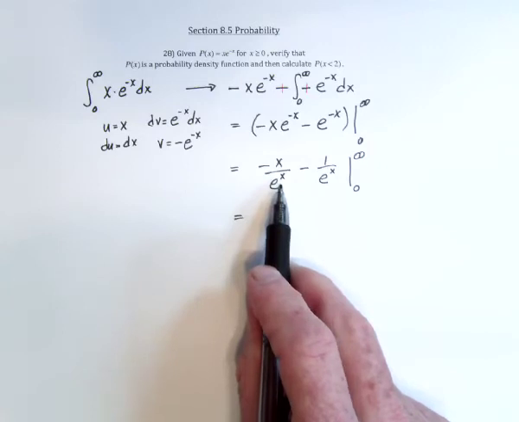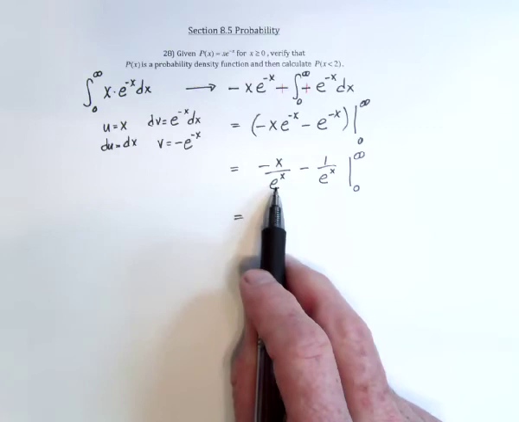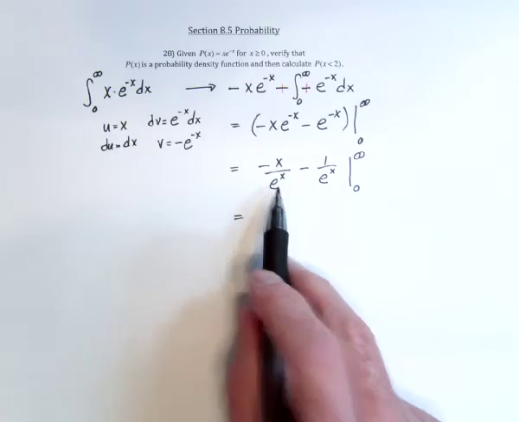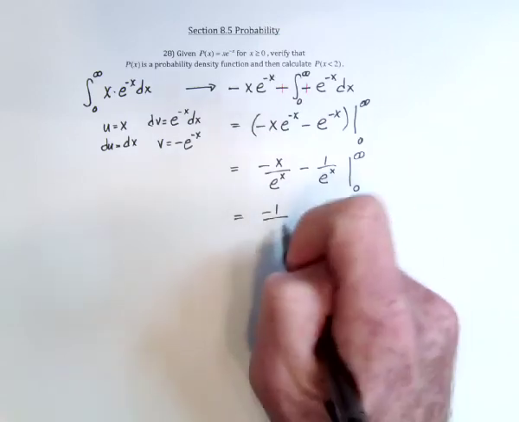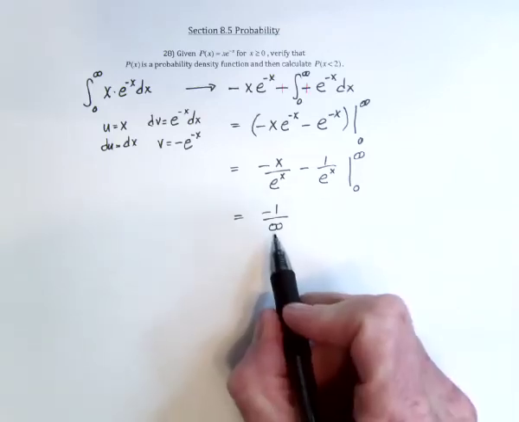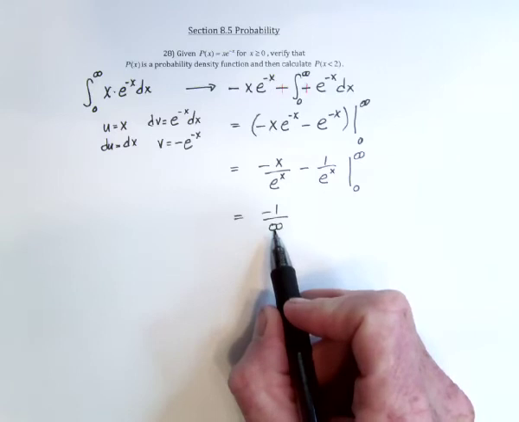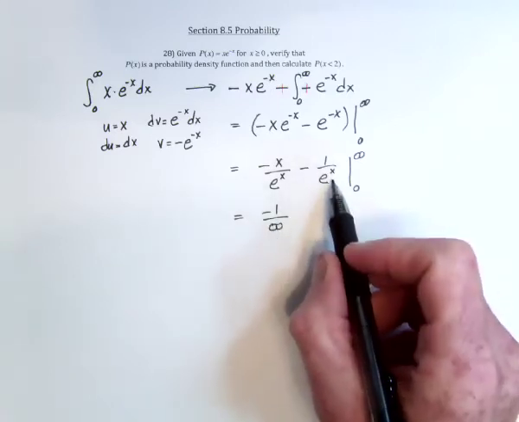L'Hopital's rule would then say, take the derivative of this, you've got a negative 1 on top, you've got the same thing on the bottom. So this one would essentially become negative 1, and then as e goes to infinity, this gets larger and larger and larger. And if you take a negative 1 and divide it into an infinite number of pieces, each piece has a size of 0. So this is becoming 0. Likewise, this is becoming 0.